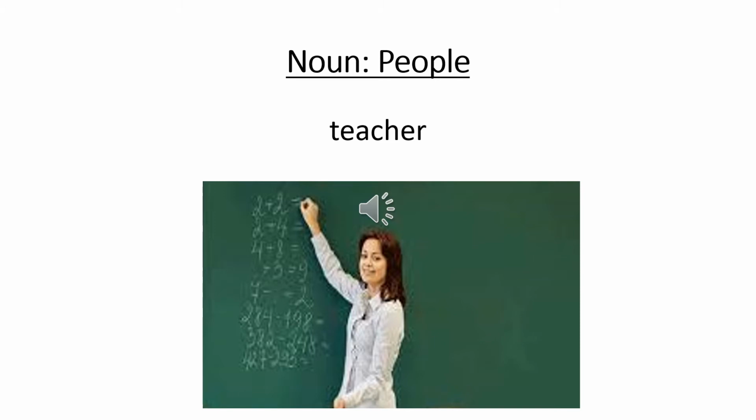Yes, it could be mother, girl, boy, father, uncle, grandmother, or maybe a baker, a butcher, a milkman, a postman, or a driver. All these are people, but they have a name given to them.